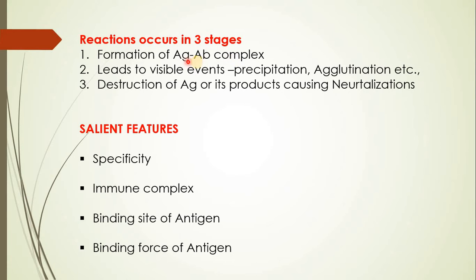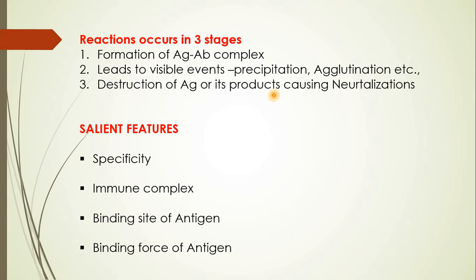As a result of formation of this complex, certain visible events occur, like precipitation, agglutination, etc. And as a result of this precipitation or agglutination, which brings the antigen and antibody into close vicinity, there is destruction of antigen or its product, hence causing the neutralization reaction.